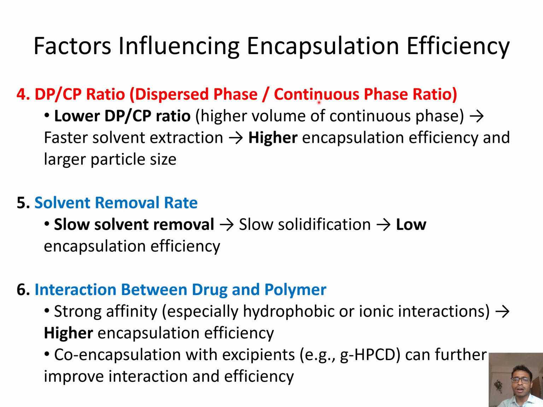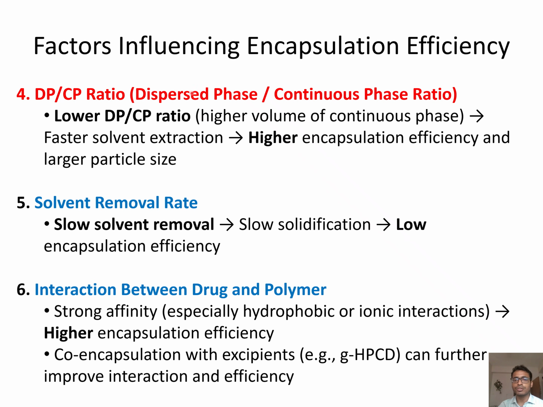Your continuous phase would get decreased. Actually, this should not be too low or too high. Just keep it in your mind. So the dispersed phase and continuous phase ratio should be a lower one.